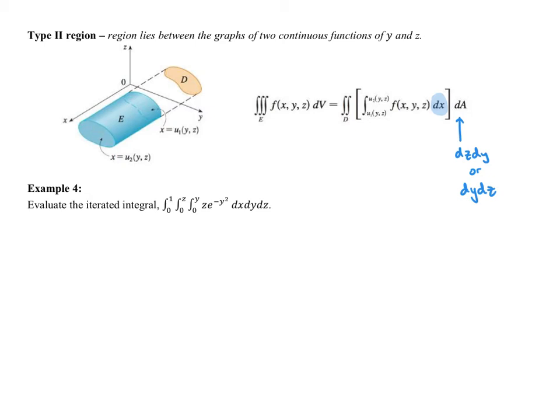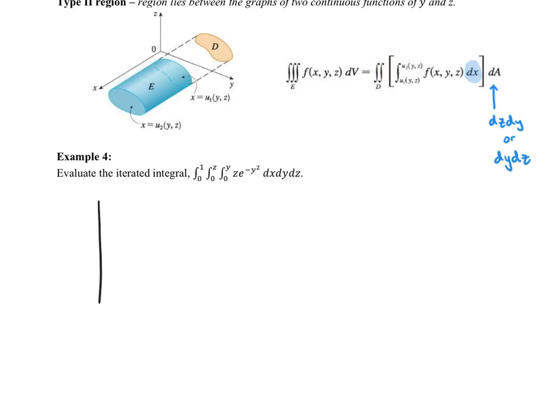You're defining it by x, and you're projecting it onto the yz plane. And so then from there, you have to figure out how am I going to define that little region D that I'm now going to integrate over? So that's the process.